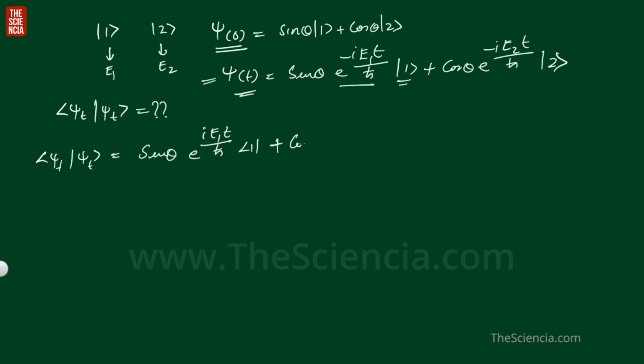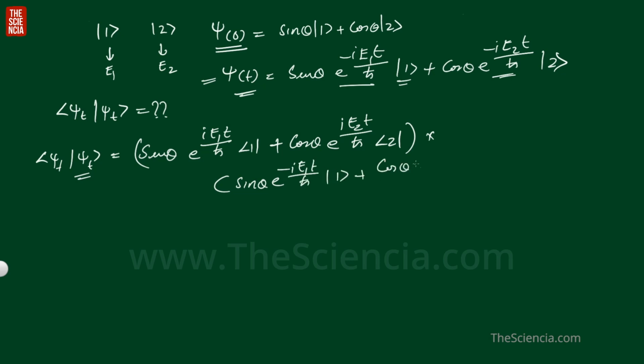The conjugate of cos theta is cos theta itself, into the conjugate of this term, which becomes e raised to i E2 t by h cross, bra 2, into ket psi t, that is sin theta e raised to minus i E1 t by h cross ket 1 plus cos theta e raised to minus i E2 t by h cross ket 2.